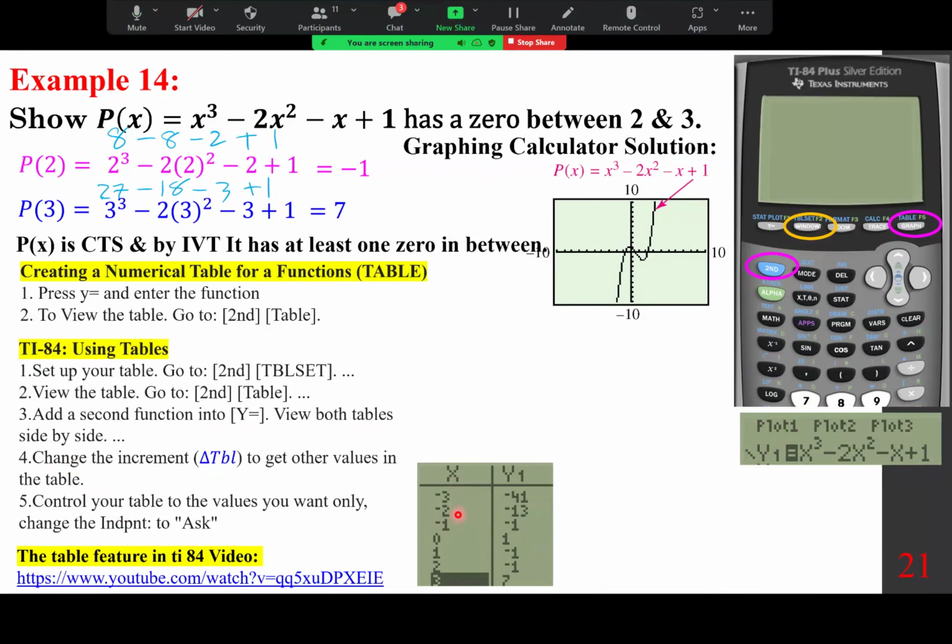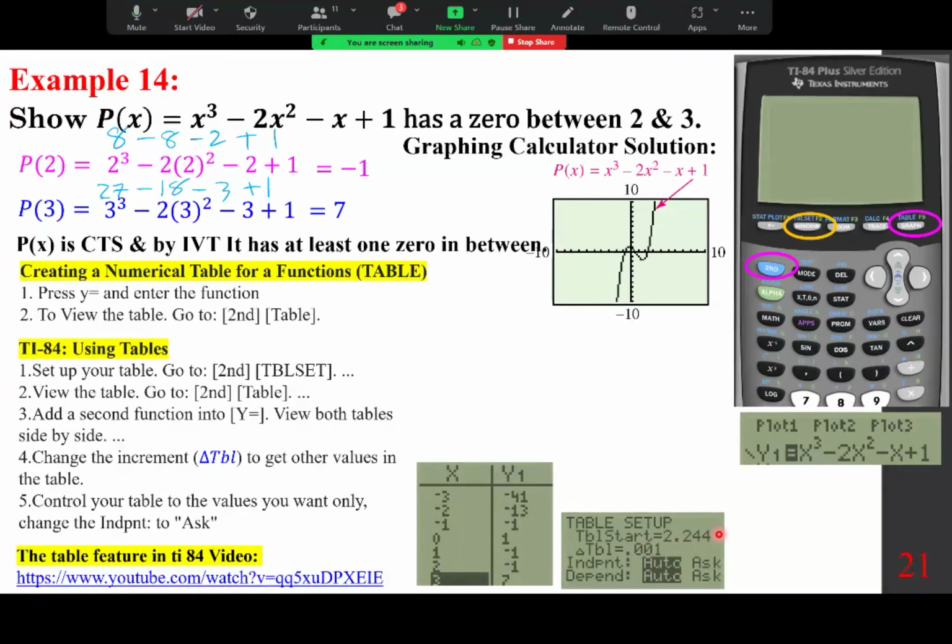It uses integers for the x, and for the y, whatever you put in Y1, it evaluates for you. But if you go to table set, you can say you want to start from a different point. Normally this is 1, and if you keep it as it was, automatically it does this one.